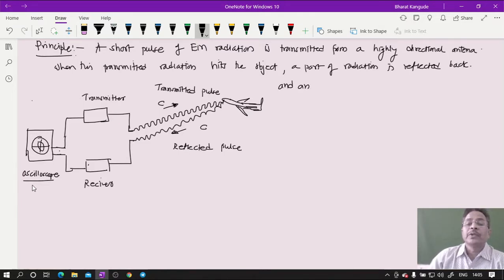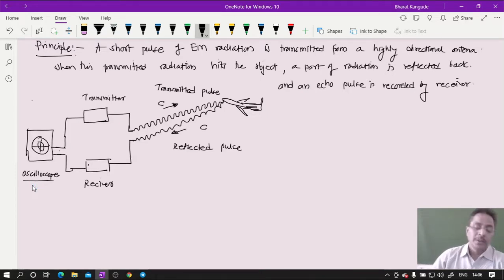And echo म्हणजे प्रतिध्वनीसारखं, the echo pulse is recorded by the receiver.